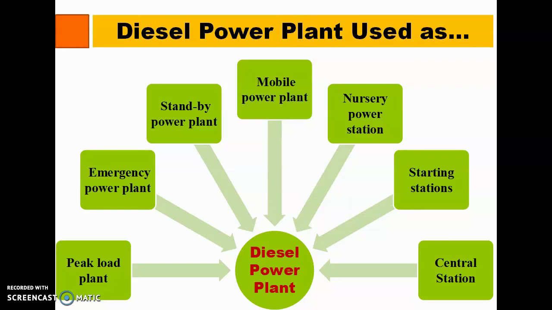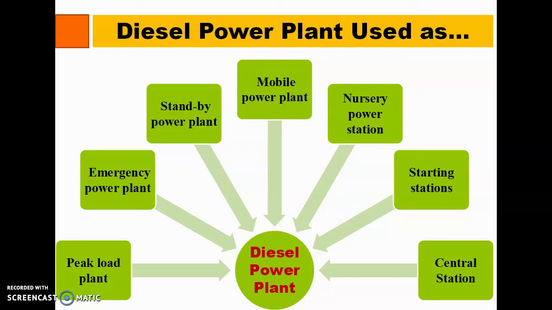Then it can be used as a mobile plant. Mobile plant means it can be used for temporary and emergency purposes, where civil work is there. In civil work, or you can say industry work, it can be used for emergency purposes.